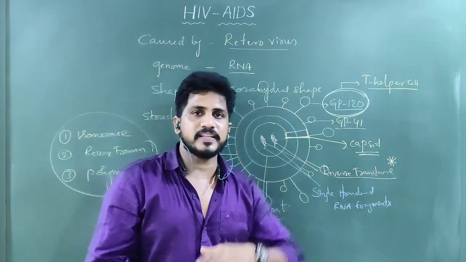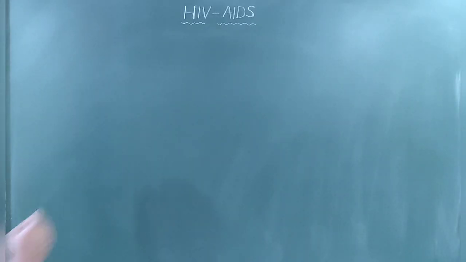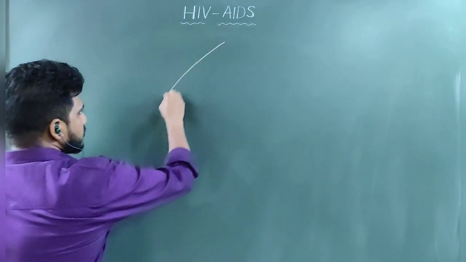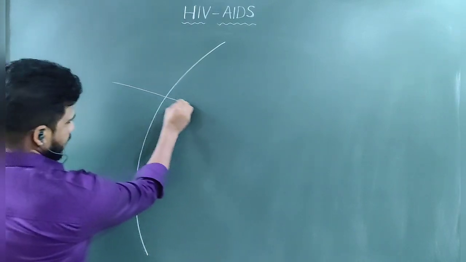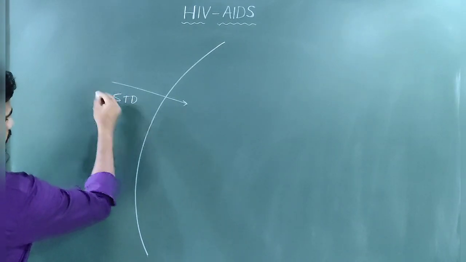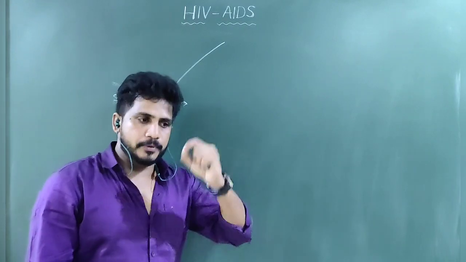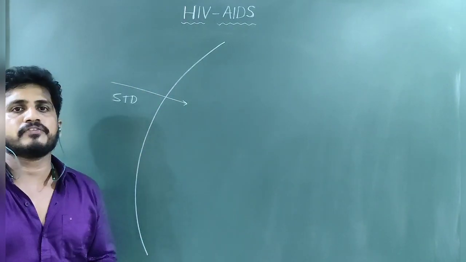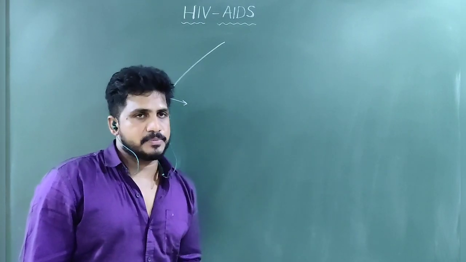Let me continue the topic with infection and incubation. When the HIV virus infects man, how does it infect? It infects through sexual contact, that is, when a person who is a victim of AIDS participates in sex, then this virus will be transmitted.